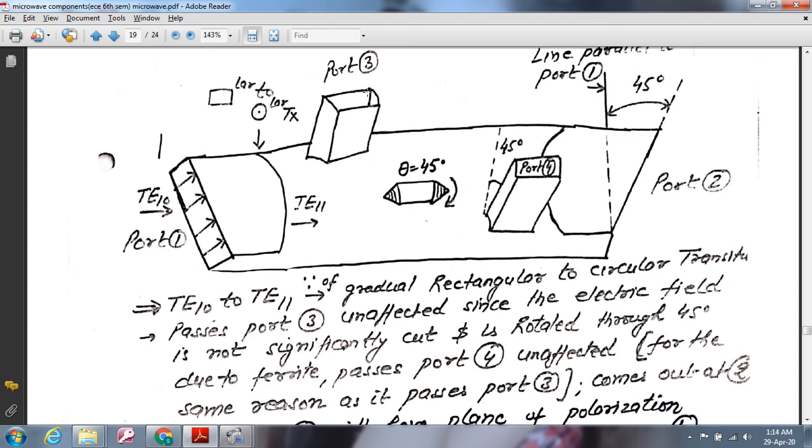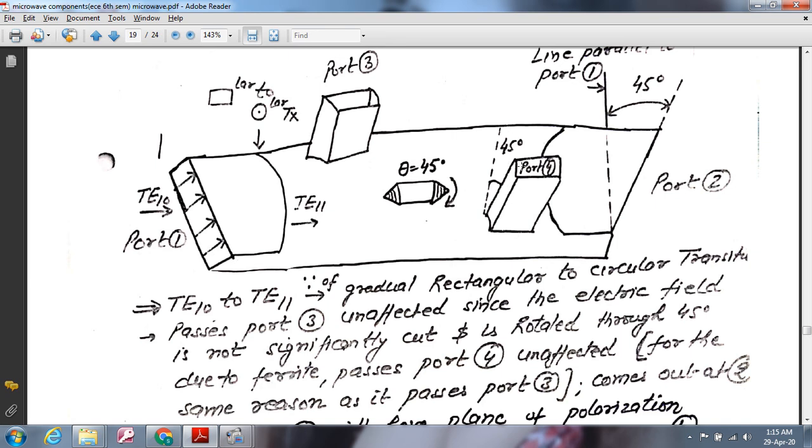Similarly, port number 3 is coupled only to port number 4, because now the power is going from this port towards port number 4. So it is again going to pass this ferrite rod which is 45 degrees rotated, and thus it emerges out from port number 4.